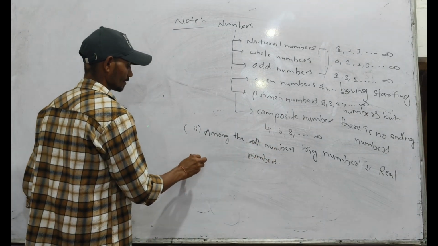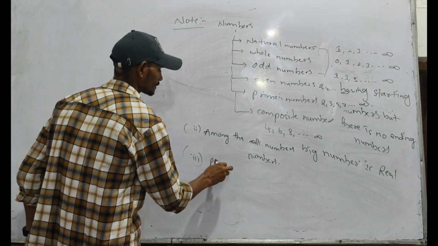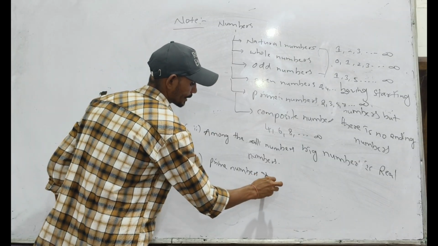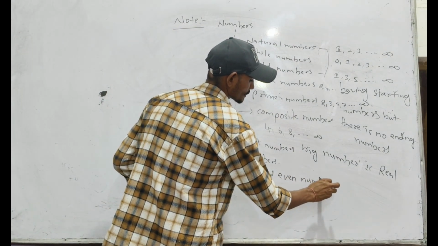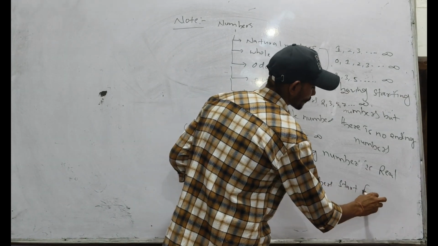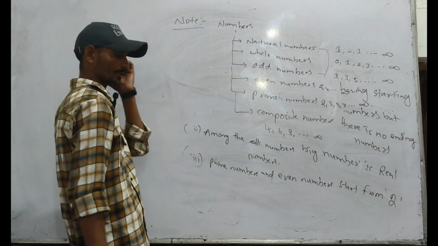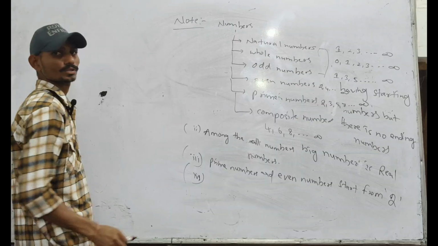Next, the third note is about prime numbers and even numbers: even numbers start from 2.